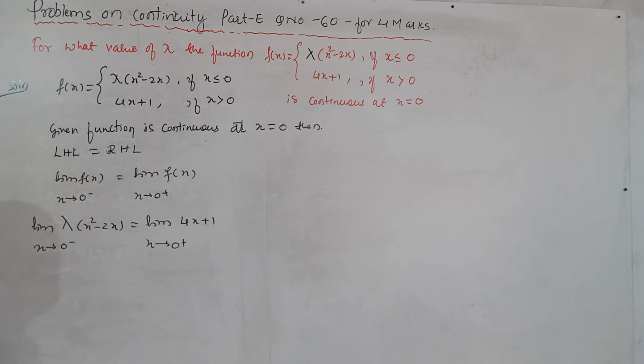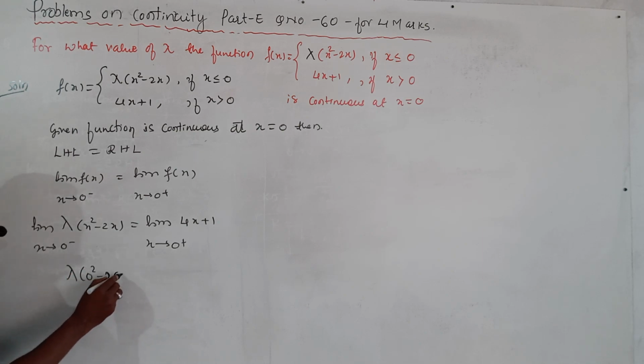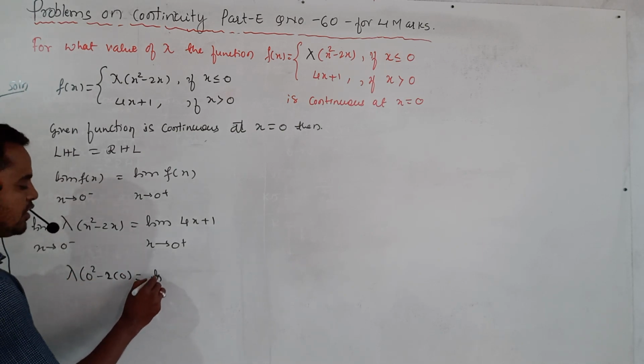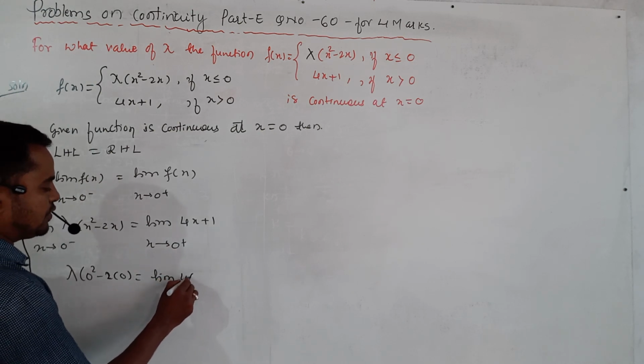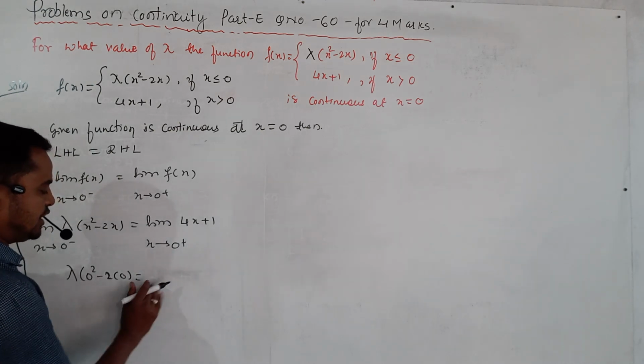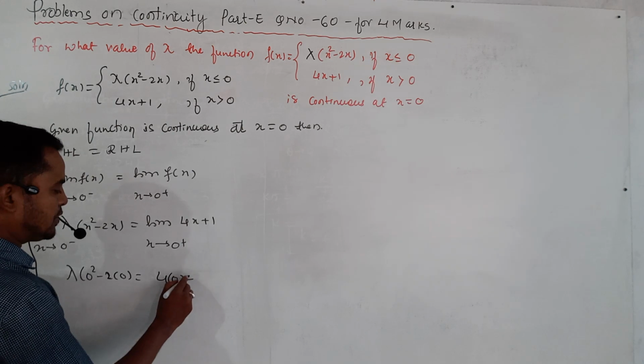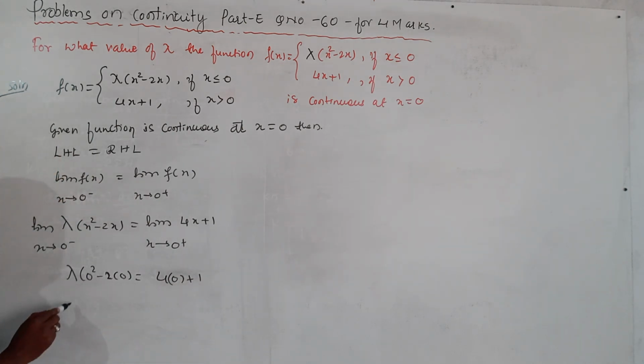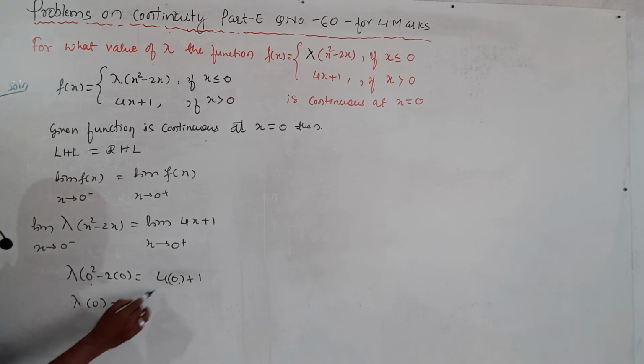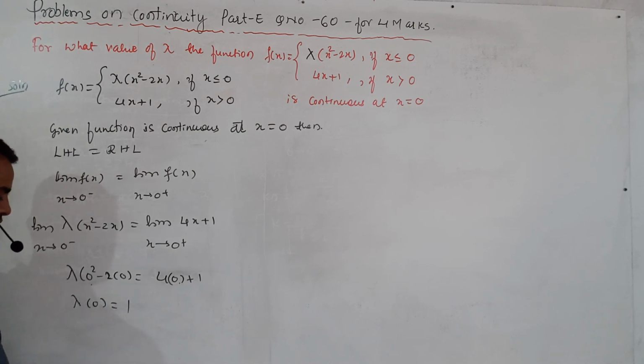See here, put the value of 0: lambda into 0 square minus 2 into 0 equals 4 into 0 plus 1. Then lambda into 0 is equal to 1. So lambda into 0 is 0, so lambda cannot be determined here.